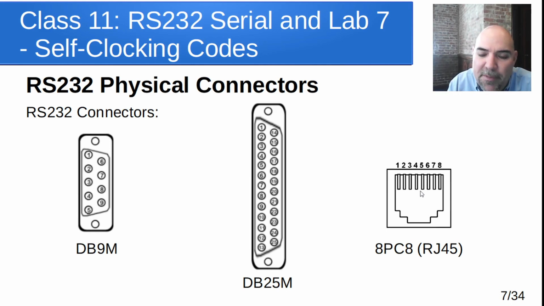But the most common connectors you'd see are DB9M, DB25M, and this RJ45 connector. It looks like a phone plug that you plug your phone into, although most people don't plug phones in it anymore. But it looks like an old POTS phone line, little clear connector that plugs in.